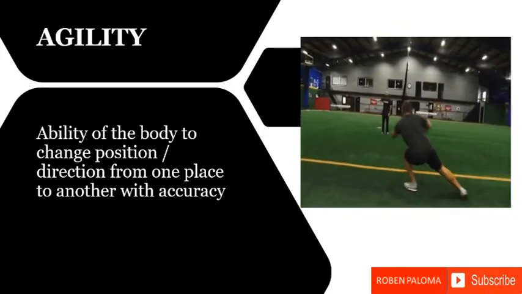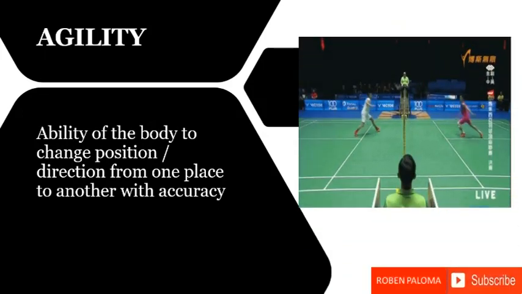Another example of agility is the sport of badminton. As a player, you should know how to adjust to the shuttlecock so you can hit it and return it to your opponent, or else you will lose the game. Transferring from one place to another is very necessary for the players to win this game.